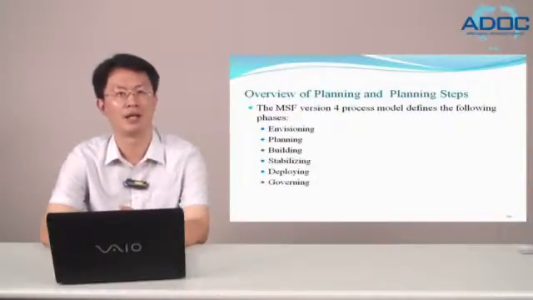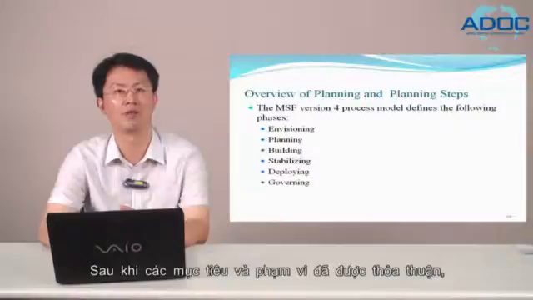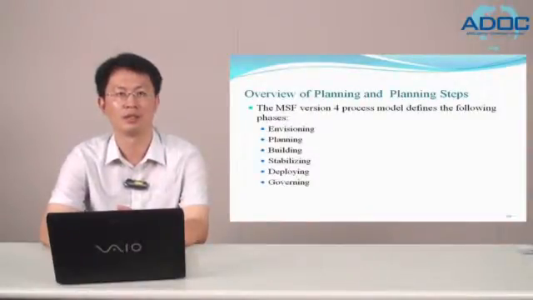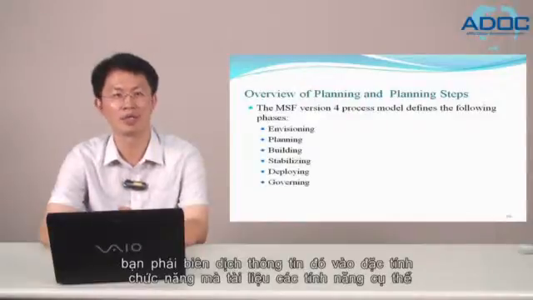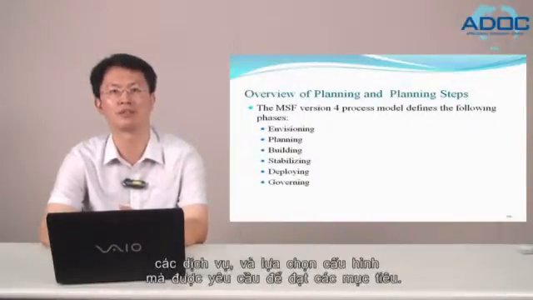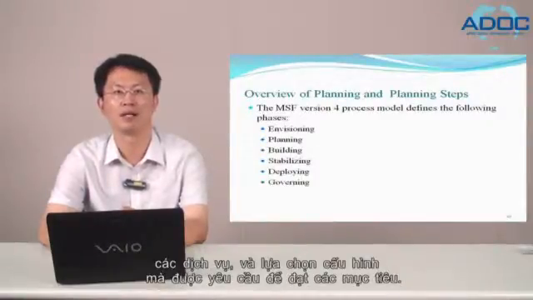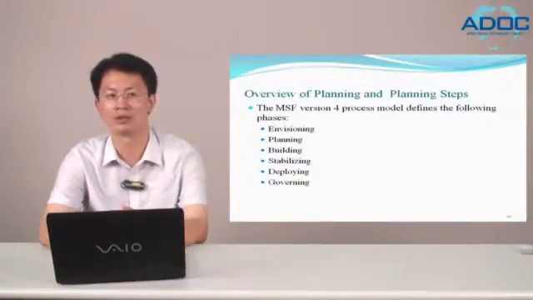Planning. After the goals and the scope have been agreed upon, you have to translate information into a functional specification that documents the specific features, services, and configuration options that are required to achieve the goals.